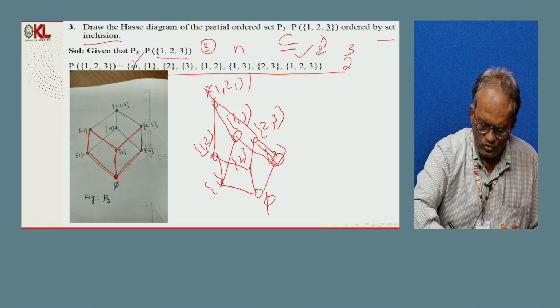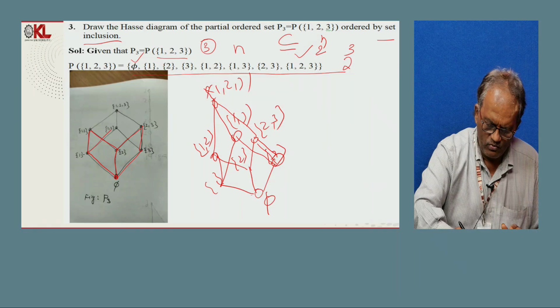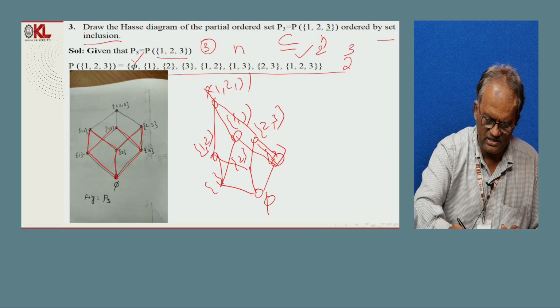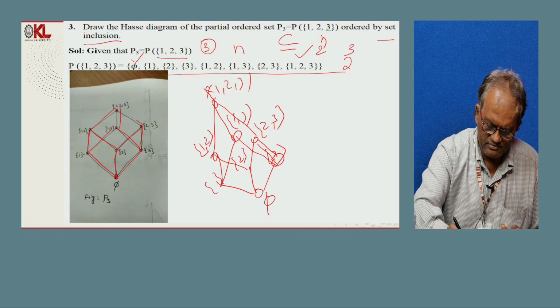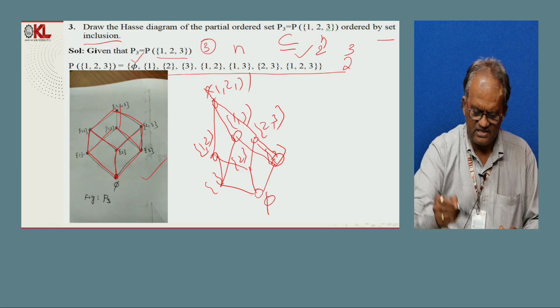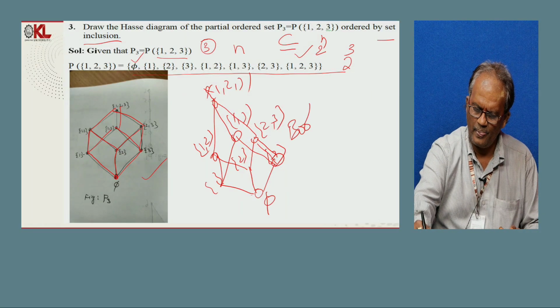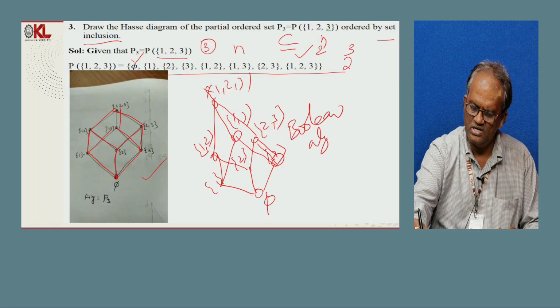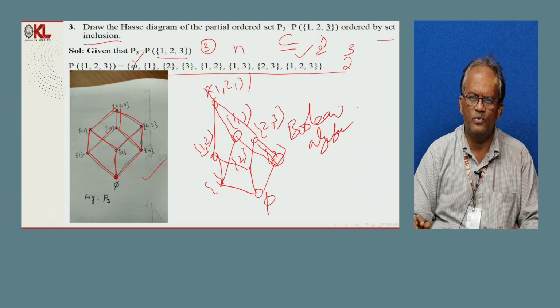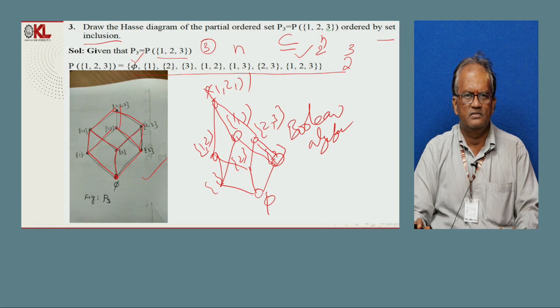Like that, {2} and {3} are subsets of {2, 3}. {1} and {3} are subsets of {1, 3}, and all are subsets of {1, 2, 3}. Like this is the construction. So this is actually a Boolean algebra, a very good example for our context.